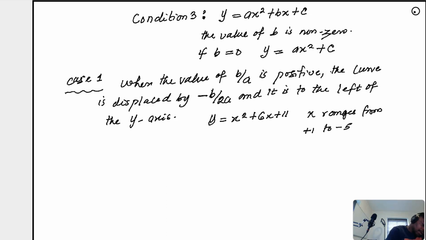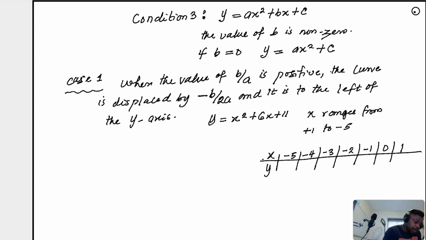Okay, so here I can say x, y, this is -5, -4, -3, -2, -1, 0, and 1. So I will use my calculator and put x value as -5.